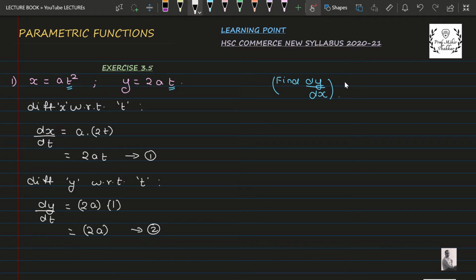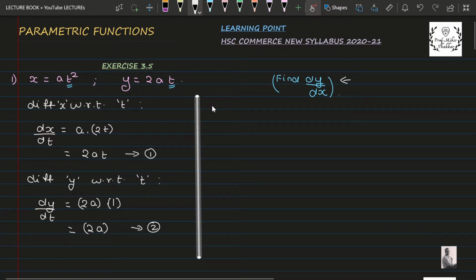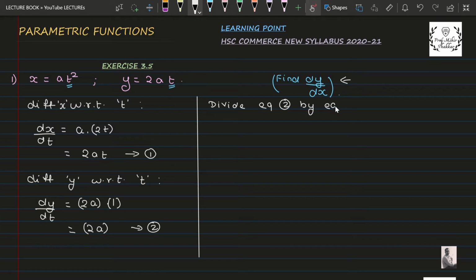Now guys, I have to find the value of dy by dx. So what we do over here is we have to divide equation 2 by equation 1. So I get dy by dt upon dx by dt, that is 2a divided by 2at.